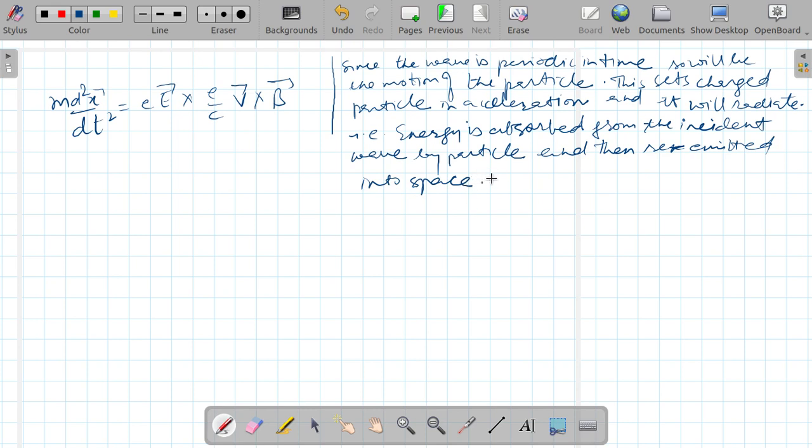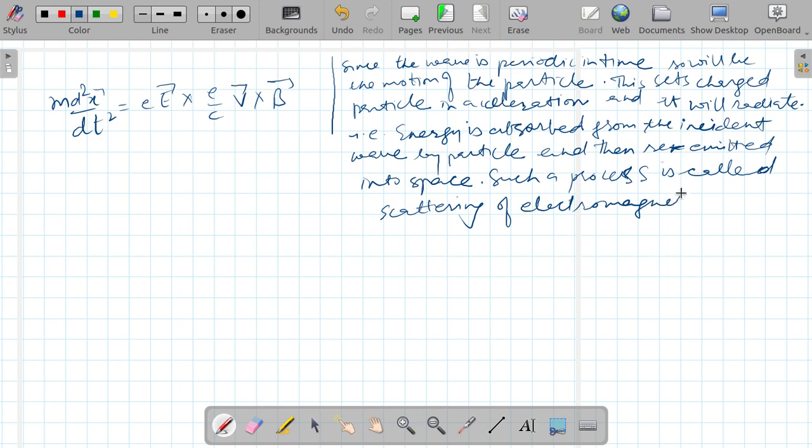Such a process is called scattering of electromagnetic radiation by a charged particle.